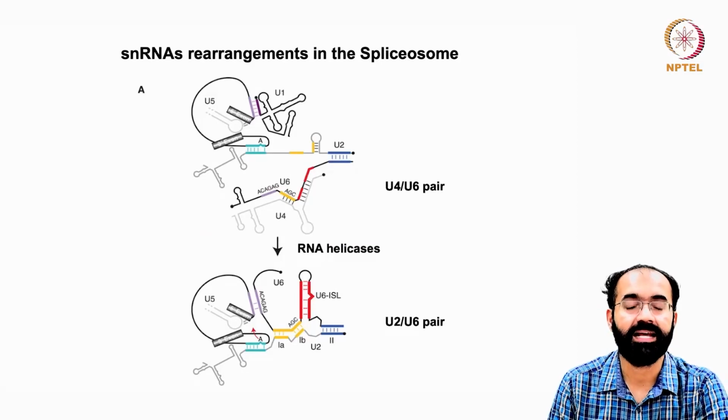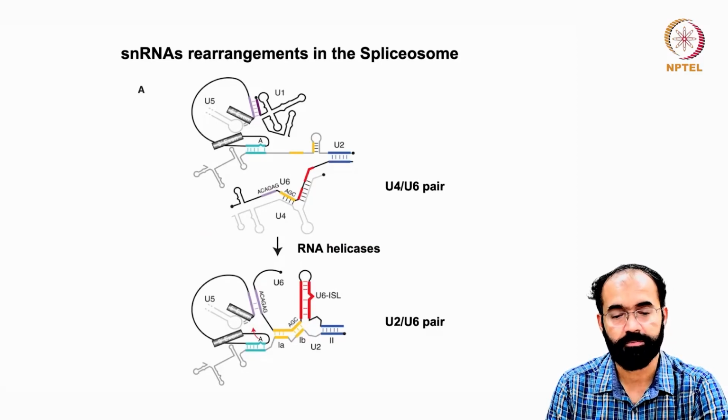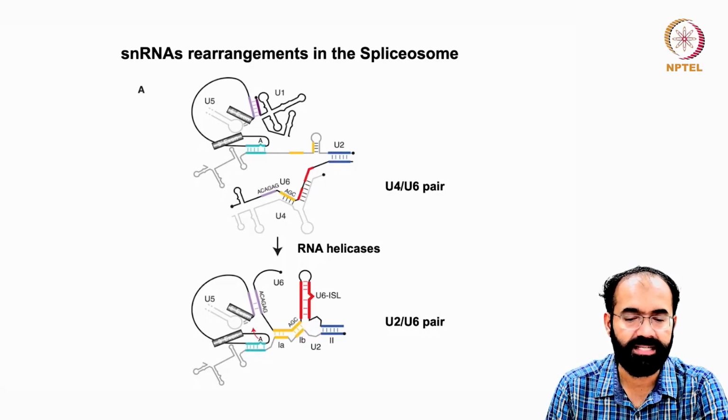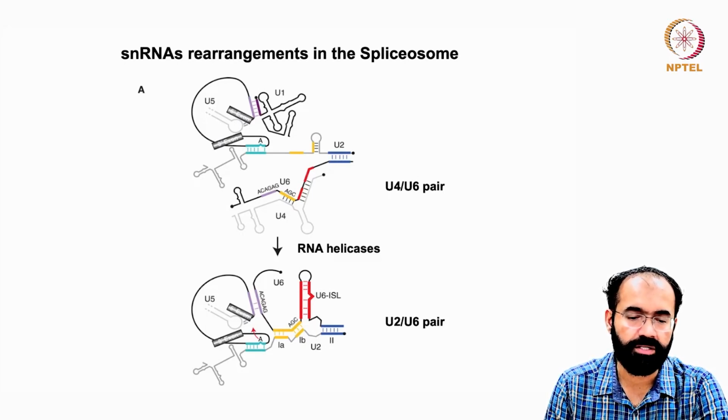So snRNA rearrangement takes place during the splicing event. We have to see very clearly that U1 snRNA has paired, and look that this is the one exon, then you have the intron, and then continuing with the exon here. U1 snRNA paired a portion of the exon intron boundary, and this intron is going huge, and it has a branch point where the U2 snRNA is pairing, close to the second exon.